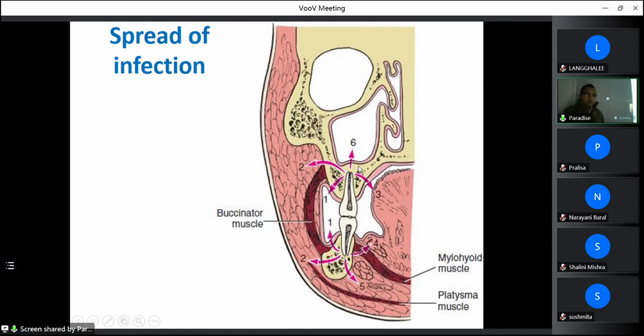There will be no more resorption, and once the cortical plate perforation has already happened, the other spaces of infection will not form. Suppose there is a palatal space infection, with palatal perforation; it will not lead to buccal perforation, vestibular space infection or buccal space infection. Once the cortical bone has been perforated and the infection has spread to the soft tissue, the resistance provided by the soft tissue is very much less compared to bone.